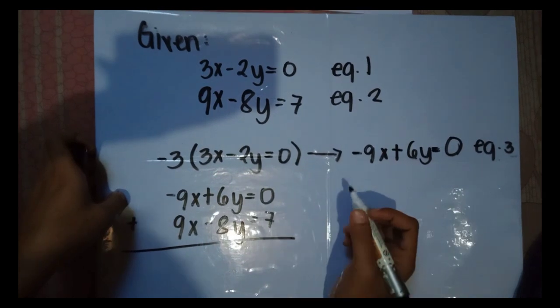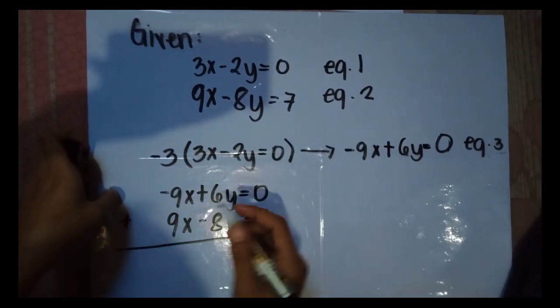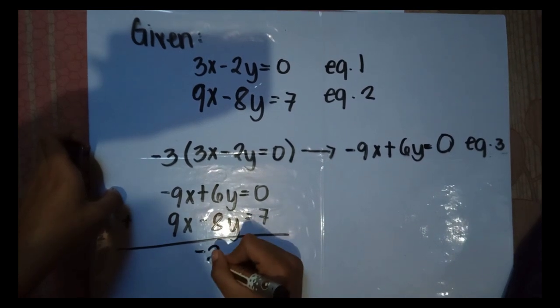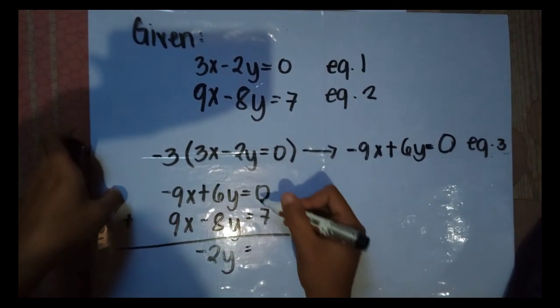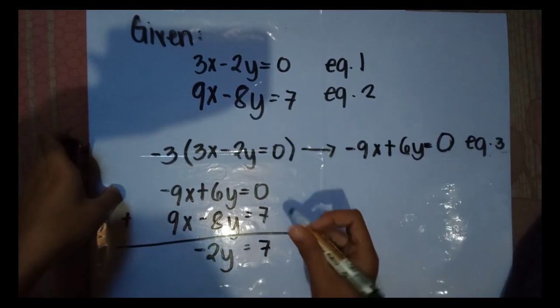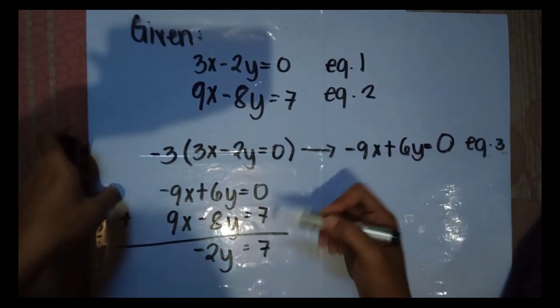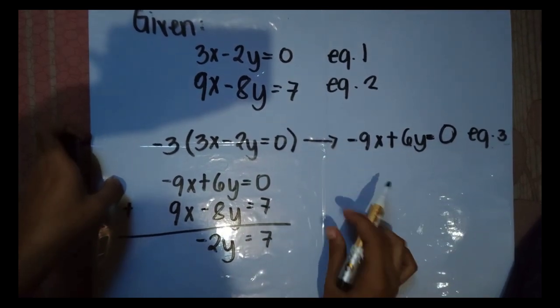Negative 9x plus 9x is equals to 0. Positive 6y plus negative 8y is equals to negative 2y. 0 plus 7 is equals to 7. Adding the two equations, we get negative 2y is equals to 7.